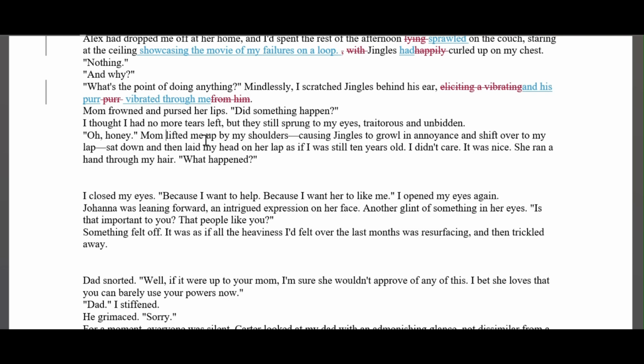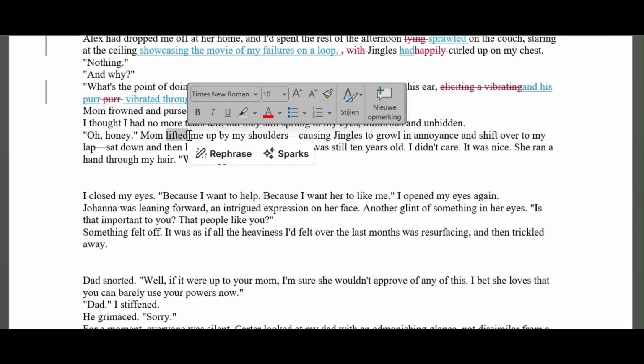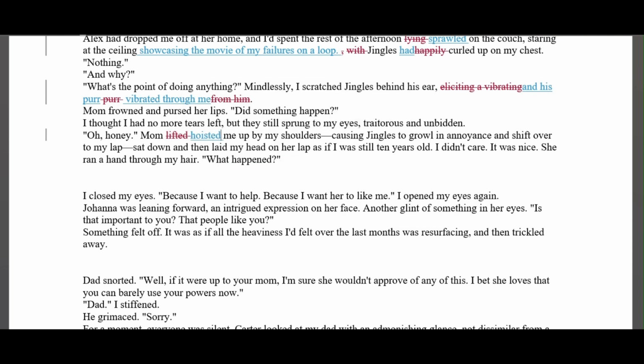It shows us the action, but it doesn't really show us how much effort it costs her. So let's say that it costs her a lot of effort. We would say hoisted me up on my shoulders, causing Jingles to growl in annoyance. So I think the in annoyance is a bit redundant there.